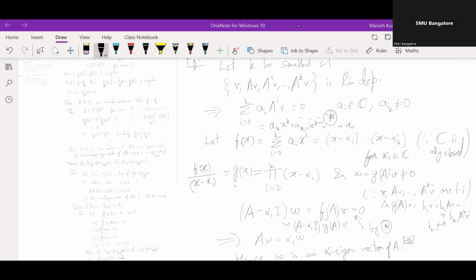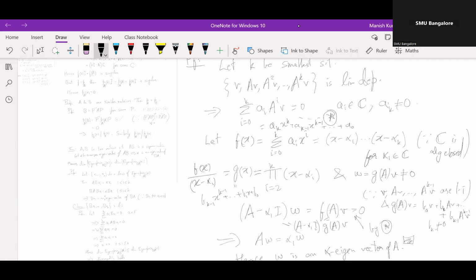Maybe this should be b0 and this should be b1. So this is a polynomial of degree k minus 1, and it will look like b_{k-1} x^{k-1} plus ... plus b1 x plus b0.